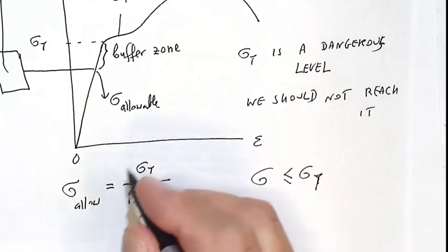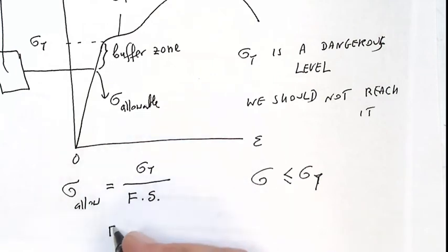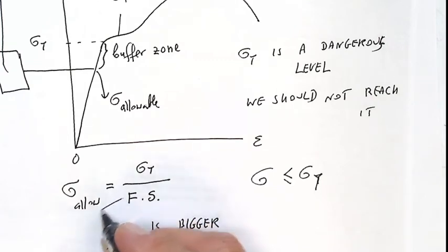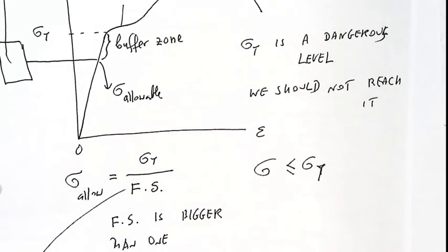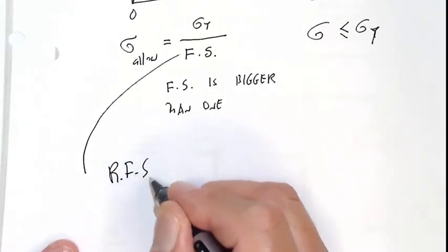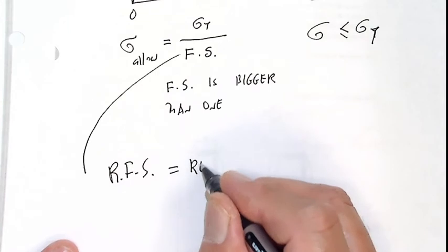Okay? So this factor of safety is bigger than 1. And this is usually also called RFS, required factor of safety.